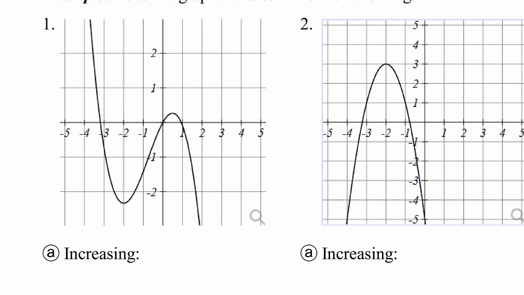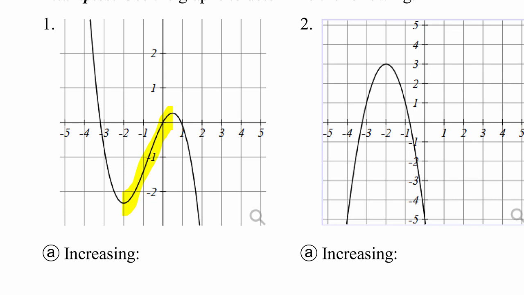If you are thinking that it happens right here in this middle section, you're absolutely correct. And the reminder I want to give you is that when we're talking about intervals of increase or decrease, we are going to describe them in terms of the x values.